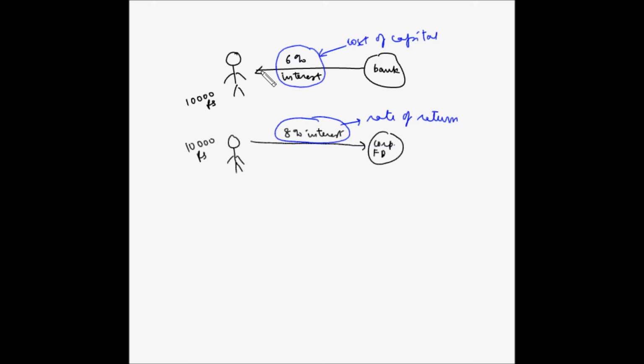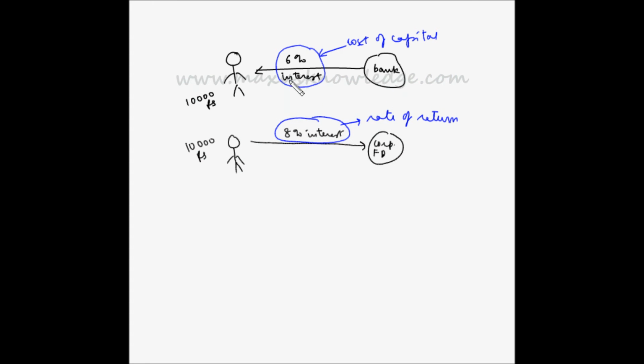So we have to pay back 6% interest to the bank. So we were calculating whether at 6% discount rate are the cash inflows worth more than the cash outflows.